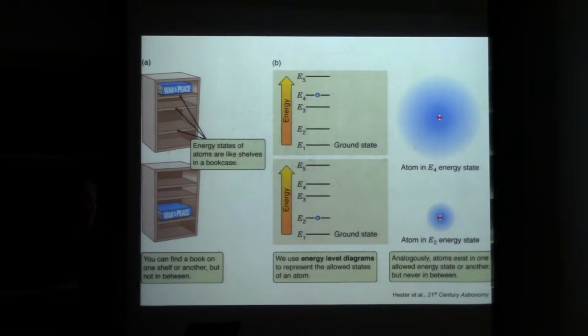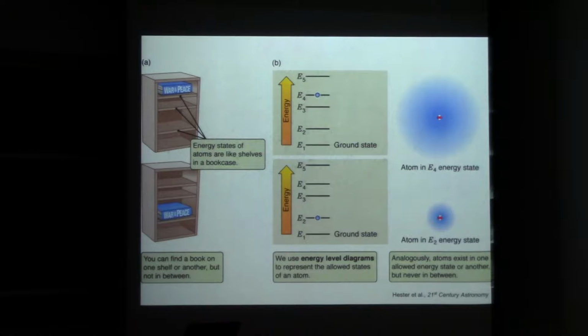If I walked a plank between the floor and the tabletop, I could be anywhere along the plank, so I could have any amount of energy. But because of quantum mechanics, electrons in an atom are only allowed to have certain amounts of energy. So the nice analogy here is like a bookshelf. They have the book on certain shelves, no in between shelves, and so the book is only allowed certain amounts of potential energy, nowhere in between.